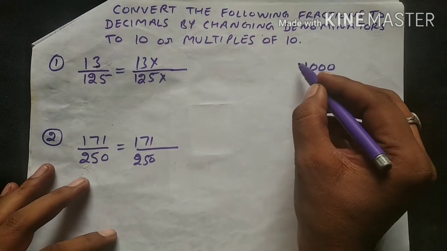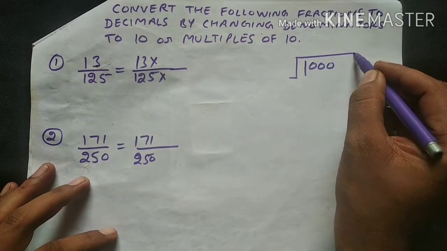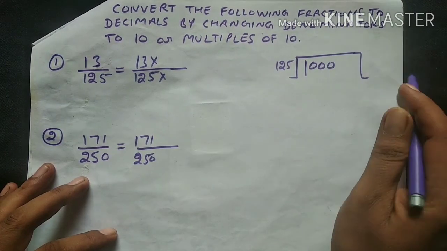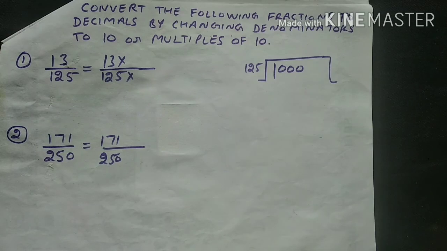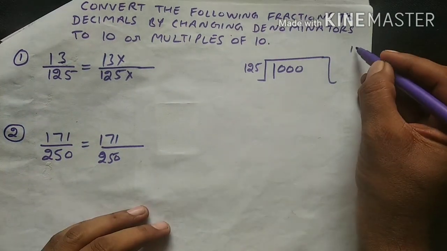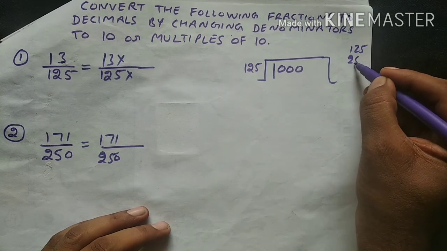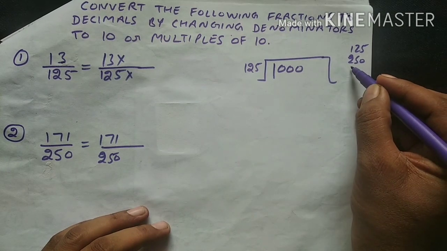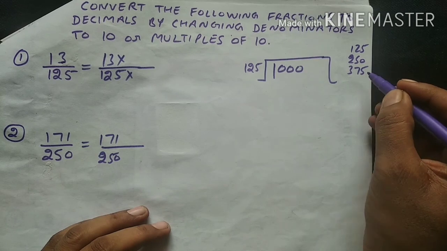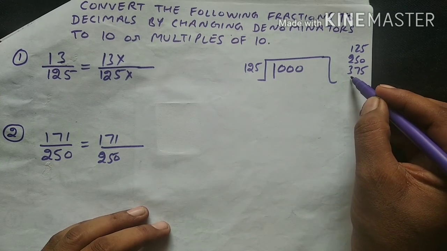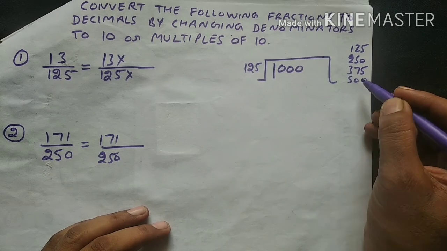Okay student. Now I will have to make this 125 into 1000, but how? For this I will divide 1000 by 125. Now I will count the table of 125. 125, after that 250, then 375, then 500.